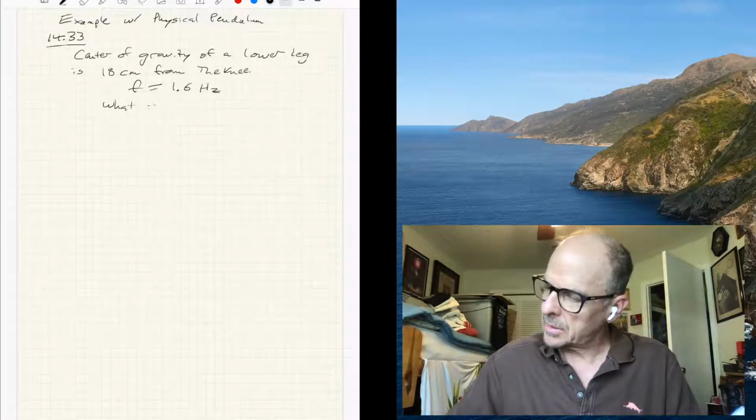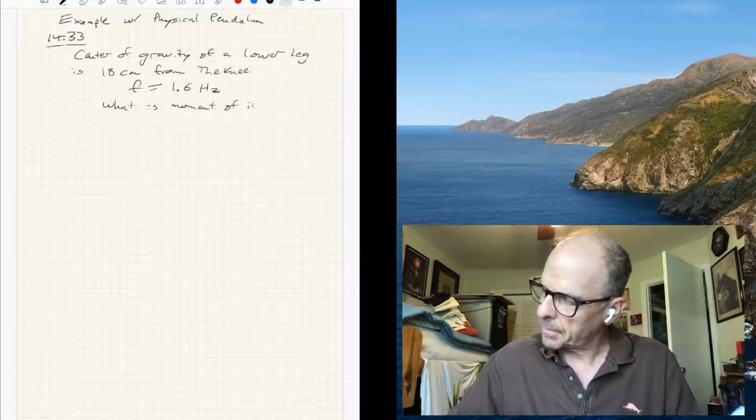What is the moment of inertia? Oopsie, not inertial, inertia of this lower leg.